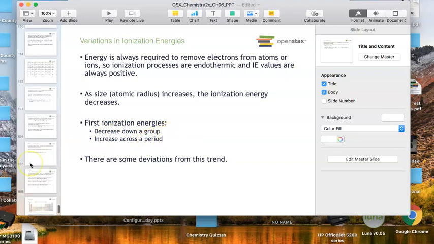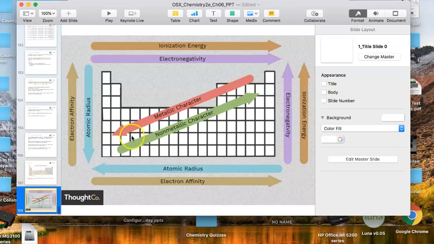Here we have ionization energy decreasing going down a group. As you can see here, the arrow is pointing to increasing values. So as you go up the periodic table, the ionization energy increases because the size of the atoms gets smaller. So that makes sense.